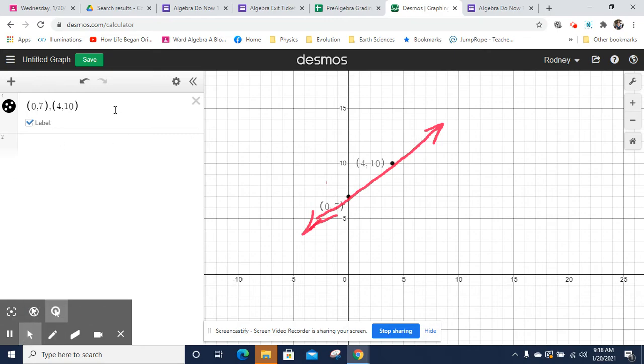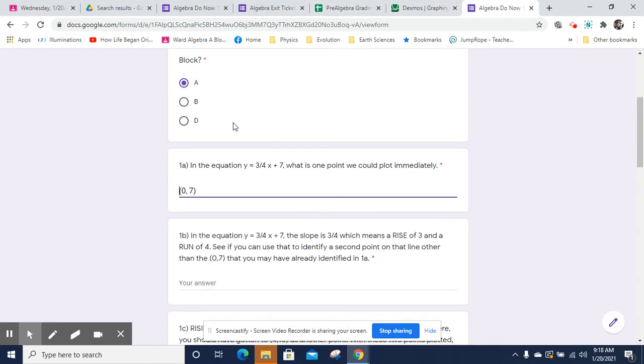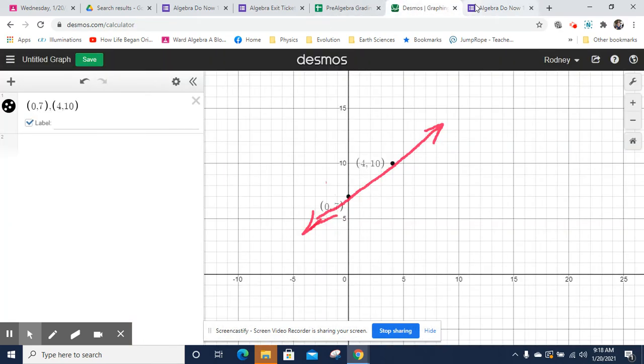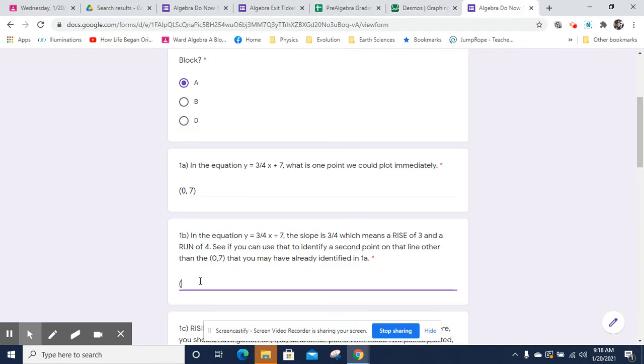Okay, so let's go back to the Do Now. So a second point after (0, 7), we just identified as (4, 10). There's another point you might have identified. Instead of going up 3 over 4, you could have gone down 3 to (0, 4), and then back 4 to negative 4.